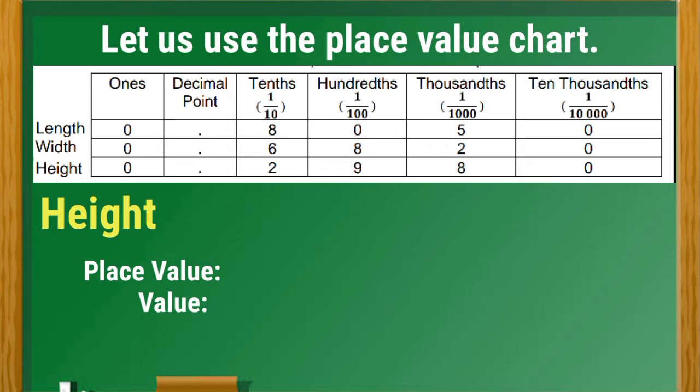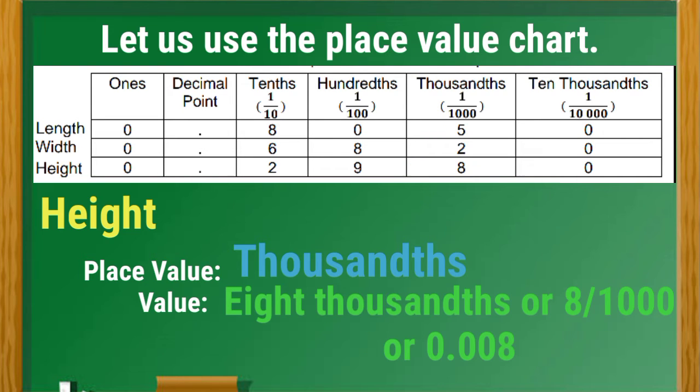The digit 8 in the height occupies the thousandths place value, so its value is 8 thousandths, or in fractional form, 8 over 1000, or in decimal form as 0.008, but still can be read as 8 thousandths.